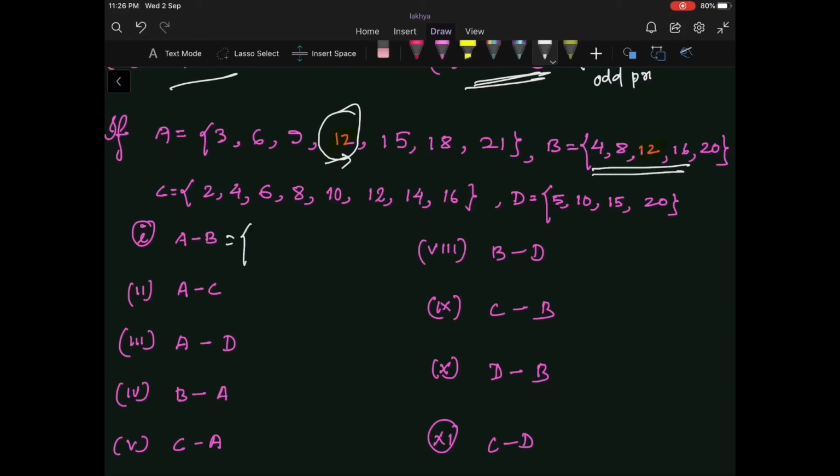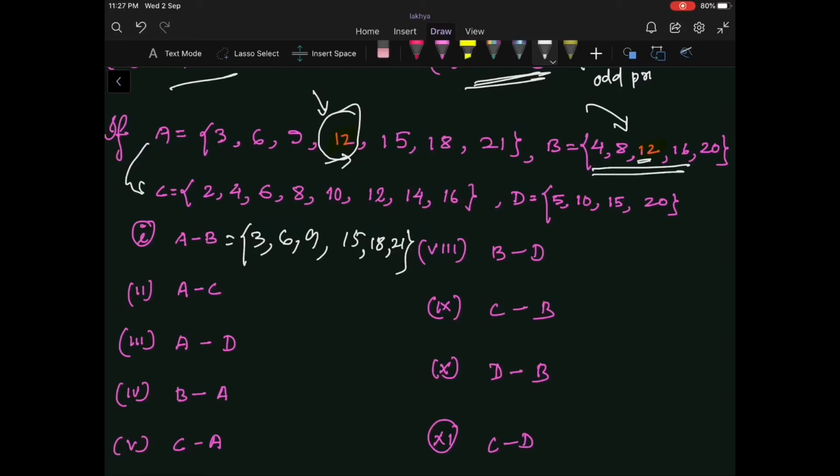It contains the other elements of set A: 3, 6, 9, 12 should not be written, 15, 18 and 21. That's how we can find the difference of two sets. This is the result.